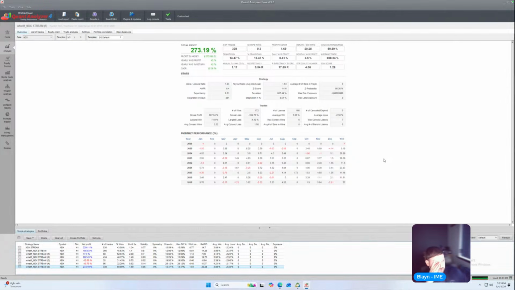So the drawdown is going to go from like 13.47 to something ridiculously small, like 0.5% or 1%. So it's not as if it's going to damage it, but it's still going to be interesting as a documentation of what we've just went over today as well. So that could be quite interesting to do.